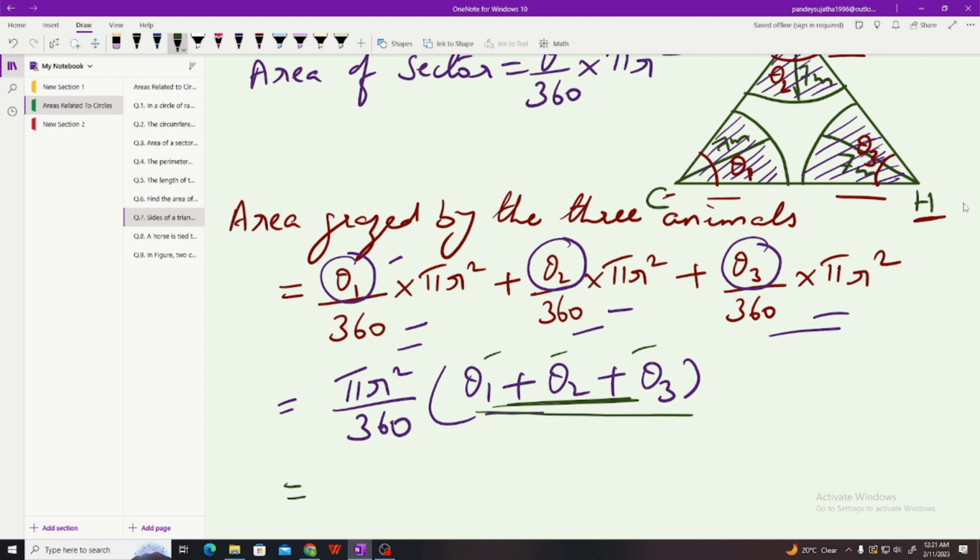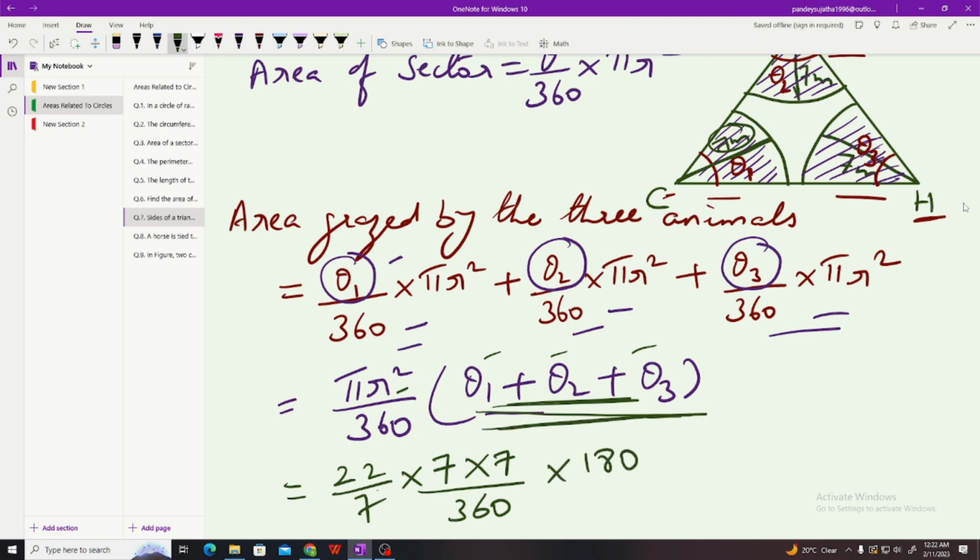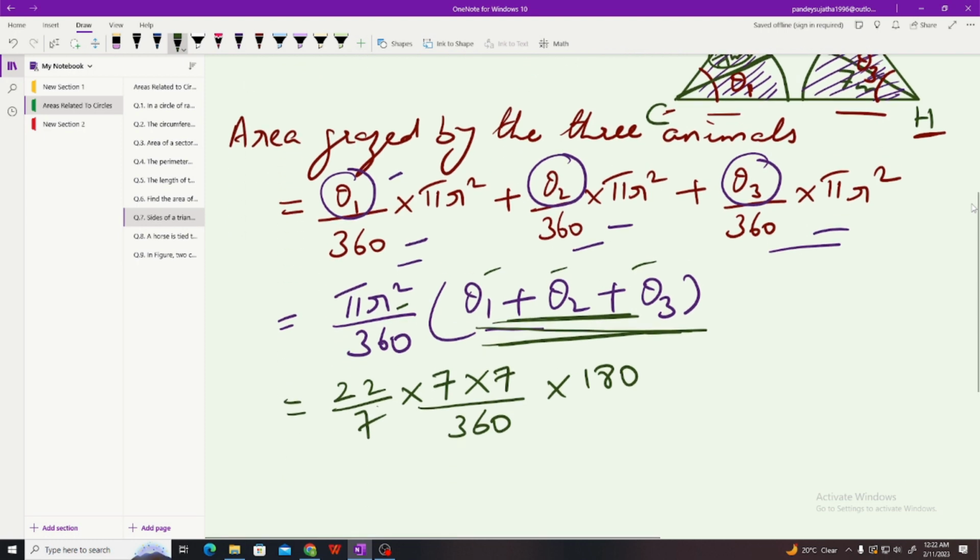Put the value of pi here, it is 22 upon 7 and the radius, since the animals are tied with the rope of 7 meter, is 7 into 7 upon 360, and the sum of these three angles will be equal to 180. So cancel it.